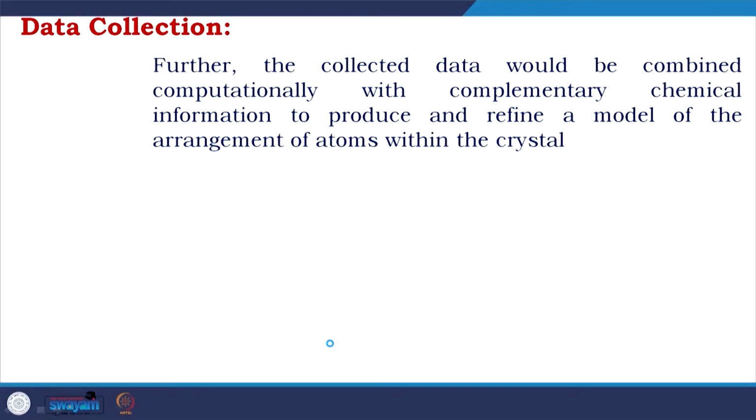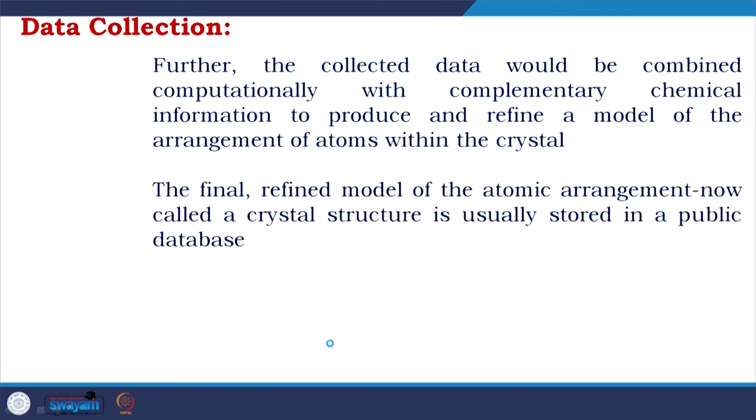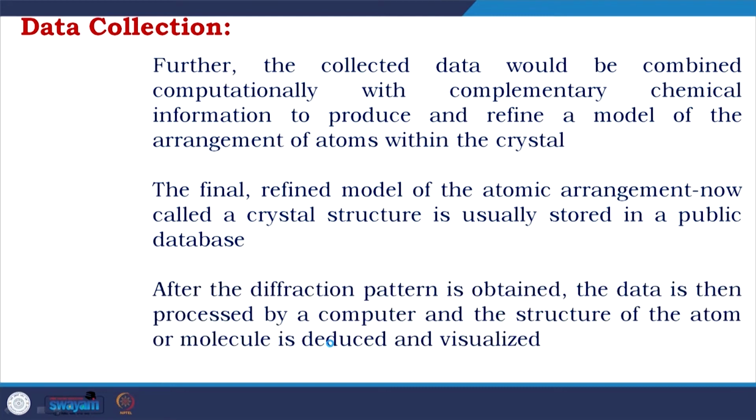Further, the collected data would be combined computationally with complementary chemical information to produce and refine a model of the arrangement of atoms within the crystal. The final refined model of the atomic arrangement, now called a crystal structure, is usually stored in a public database.